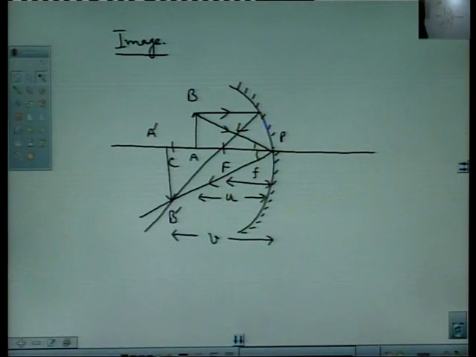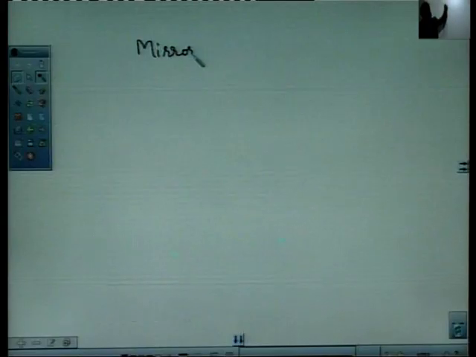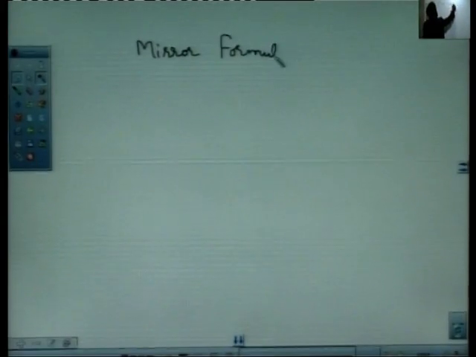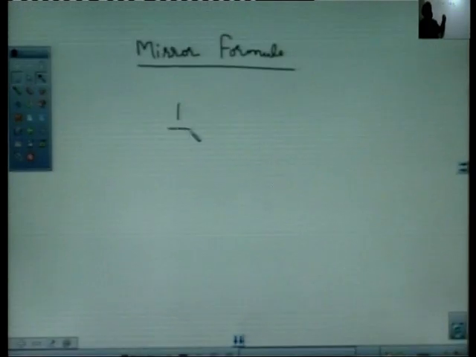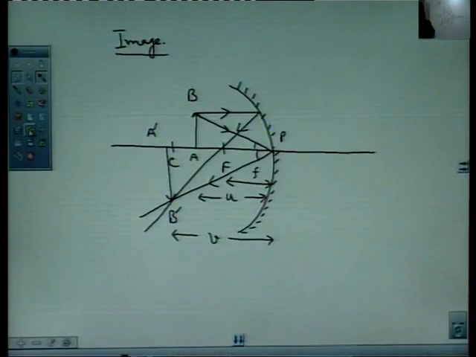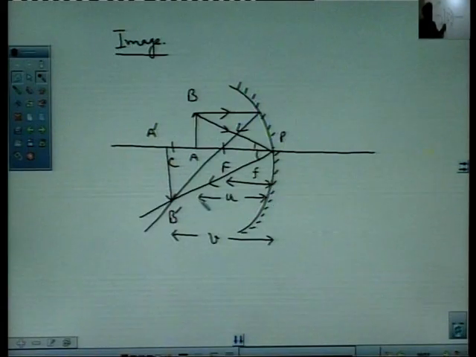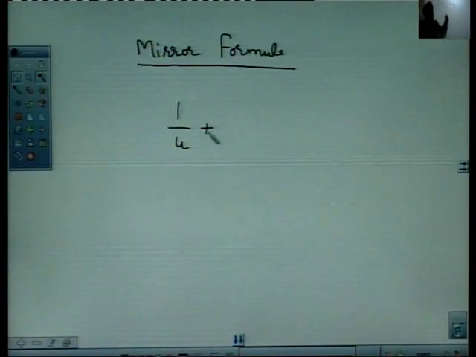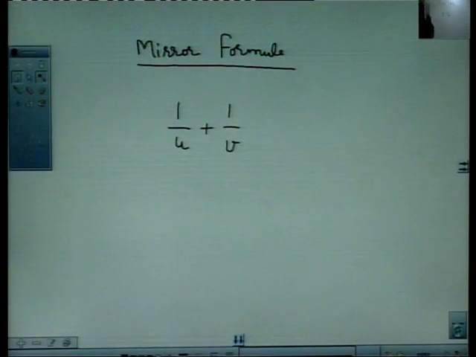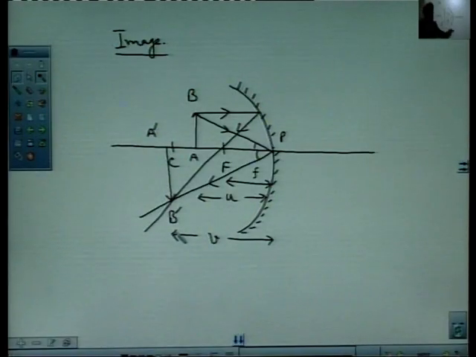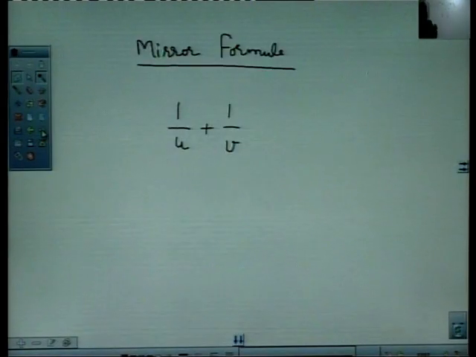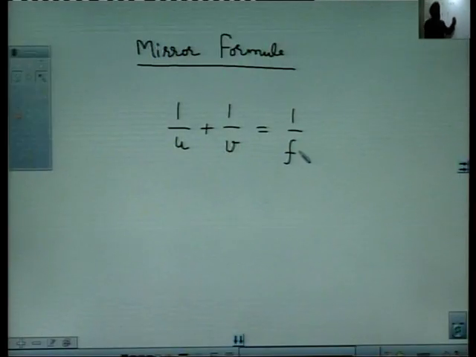Then we have the mirror formula. One over u, this u is the distance from P to A, the object distance, plus 1 over v, where v is the distance of the image, and all the distances are measured from the pole P, equal to 1 over f.